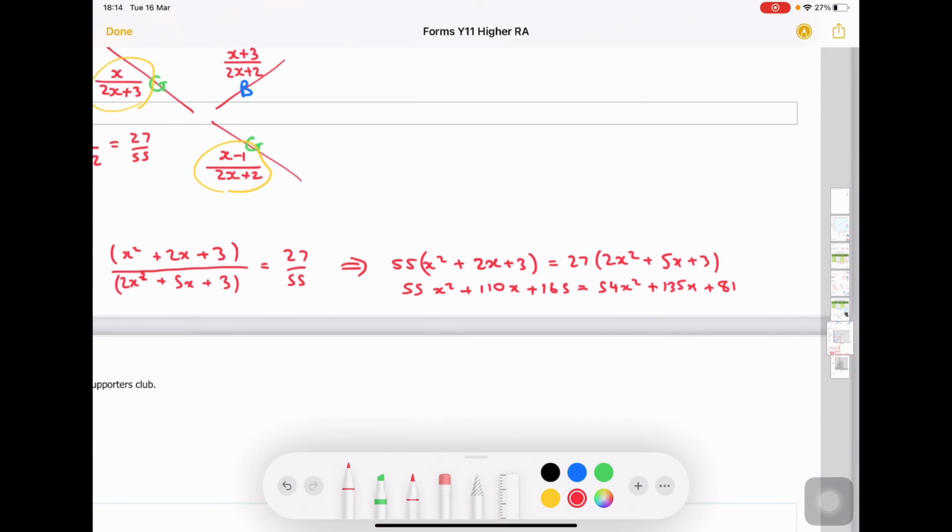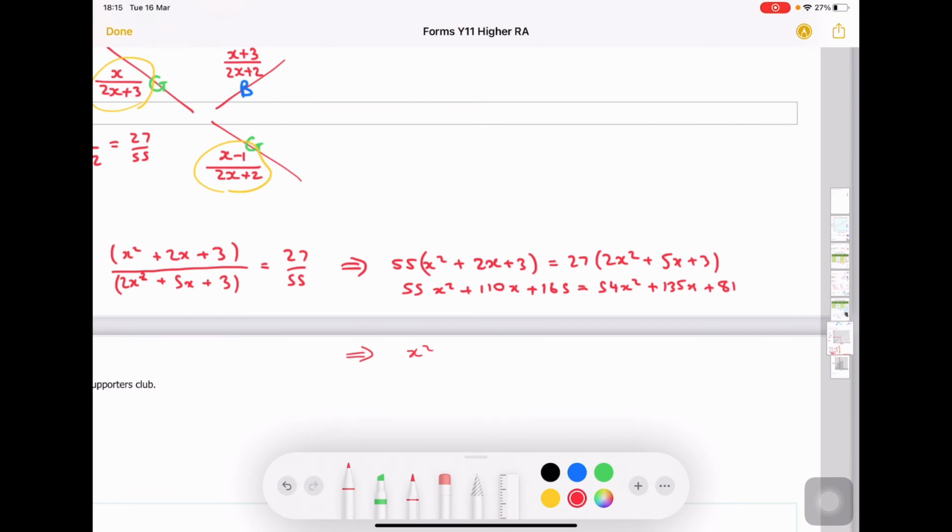Solving for, if we subtract 54x squared from both sides, we will get x squared.